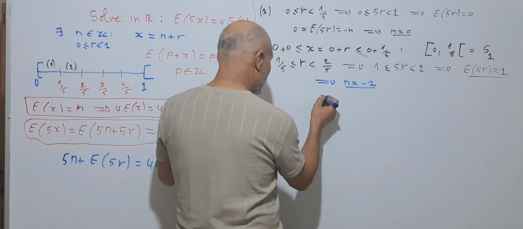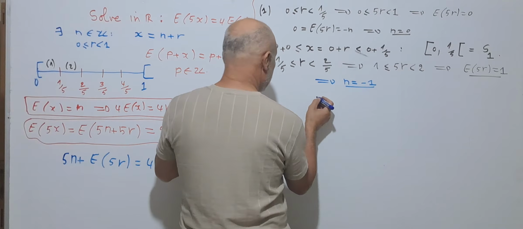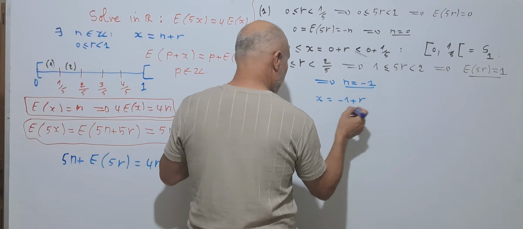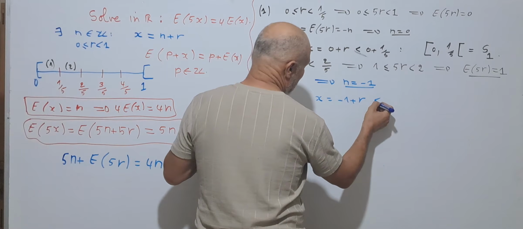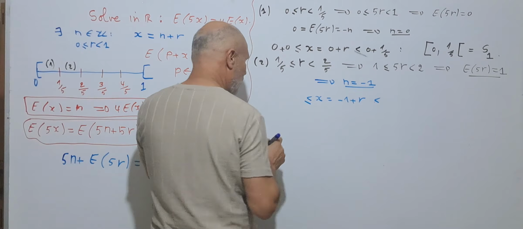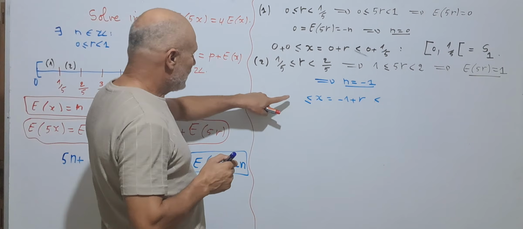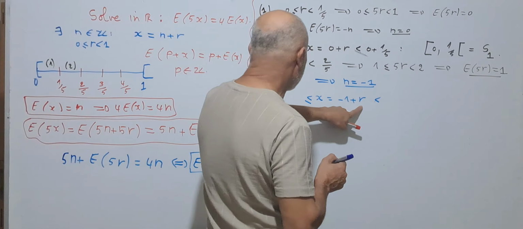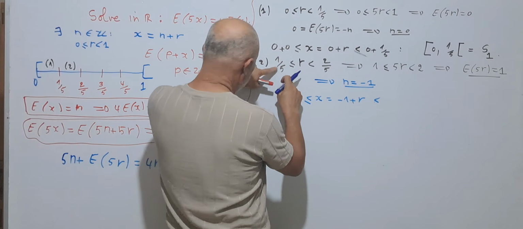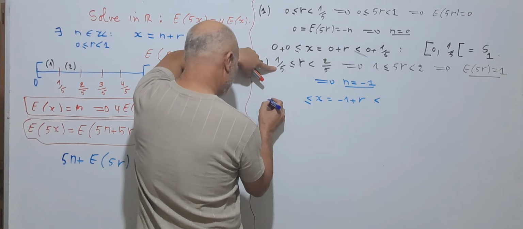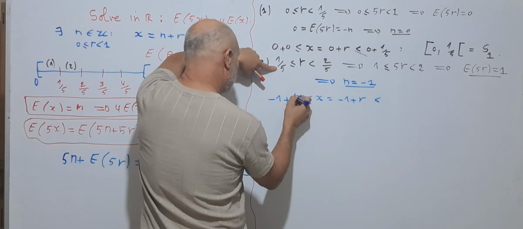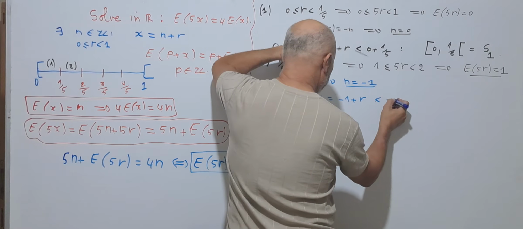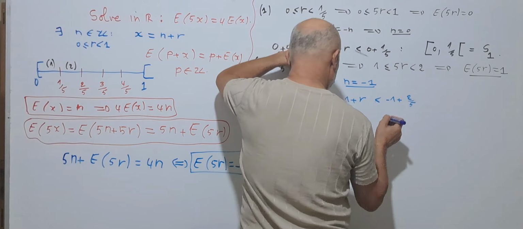And x is equal to minus 1 plus r, which is strictly less than the greatest bound and greater than or equal to the lowest bound. N is minus 1, and r in this case is 1 over 5, the lowest bound, and the greatest bound is 2 over 5, which means minus 1 plus 2 over 5.